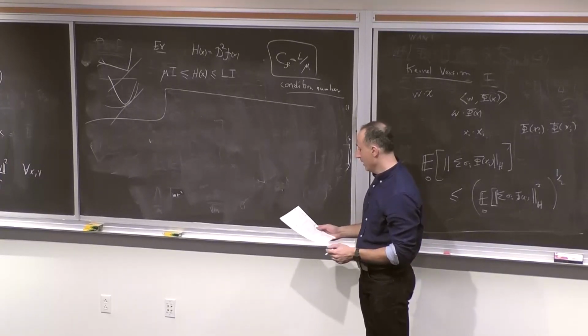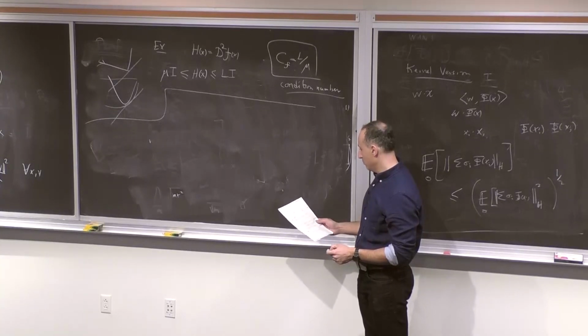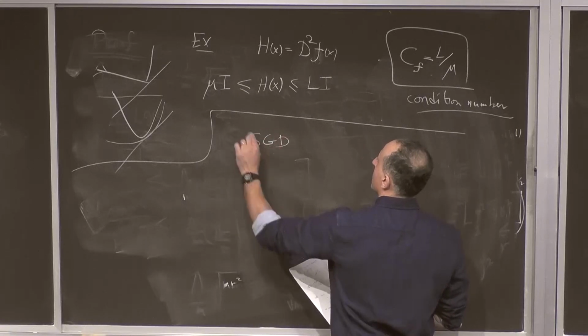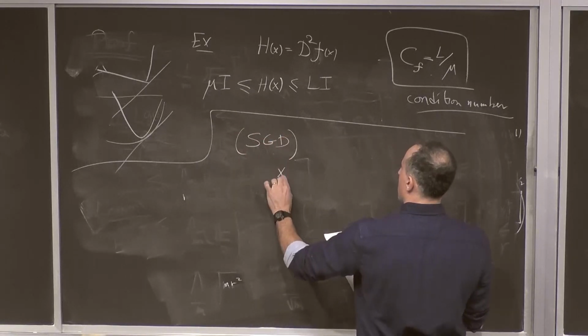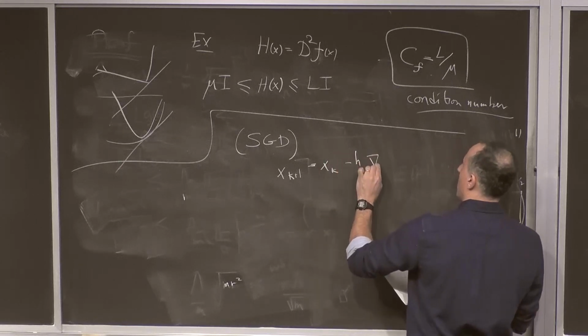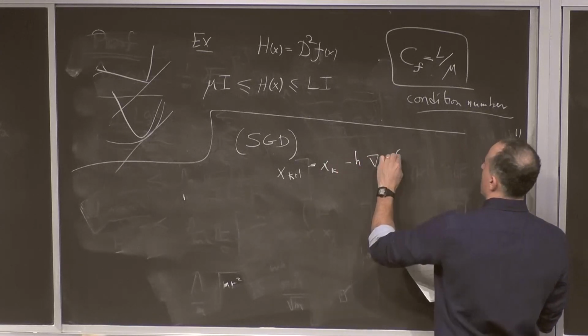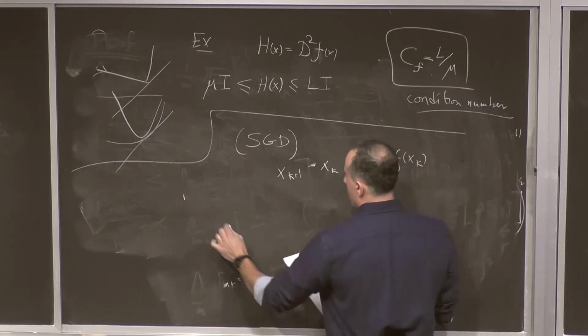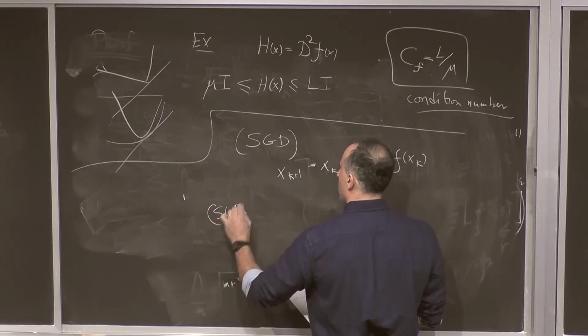Okay? So let's define SGD. So we got the algorithm for SGD is this. So we're going to use that. I'm going to go ahead and define my learning rate.